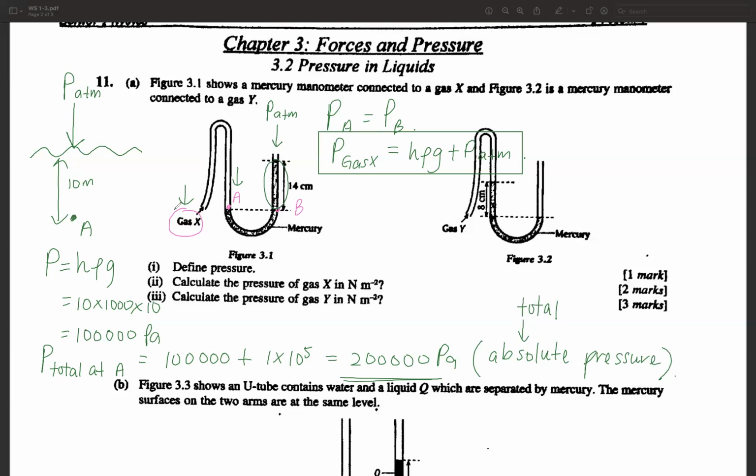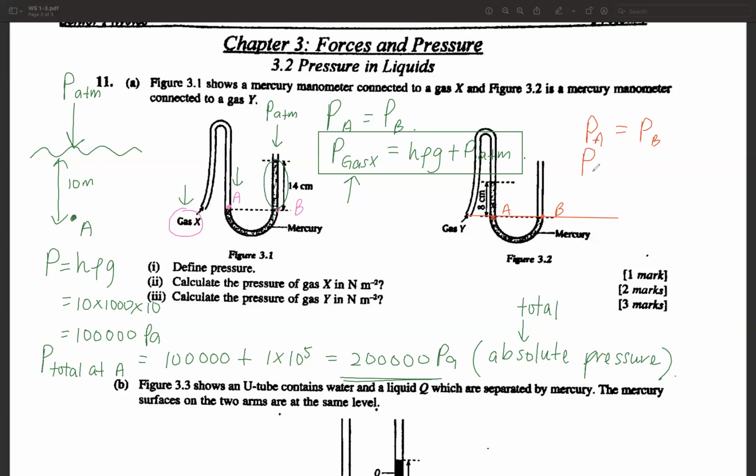Okay, so 11A number 2, how do you calculate the pressure of gas X? Here I have written the equation for you. Same for the gas Y. Okay, so for gas Y, I draw a line here. This is equal pressure line. Point A, point B. PA equal PB. PA has this 8 cm of liquid mercury.